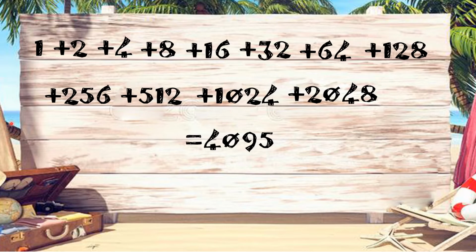If we are going to continue the given sequence, we have 1, 2, 4, 8, 16, 32, 64, 128, 256, 512, 1024, and 2048. Each term after the other is multiplied by a common ratio of 2. Now, if we are going to add them all, we have 4095.